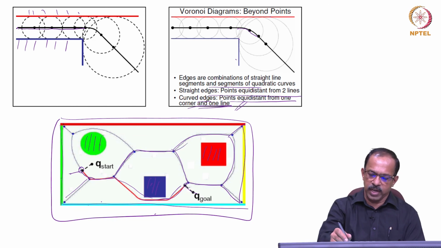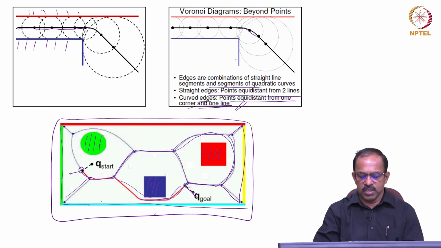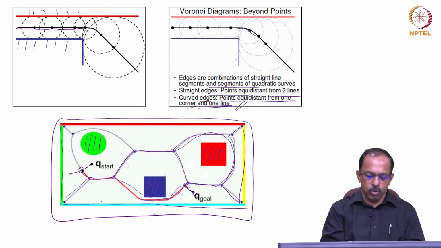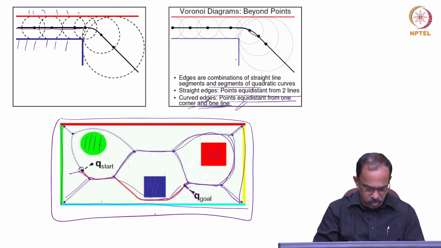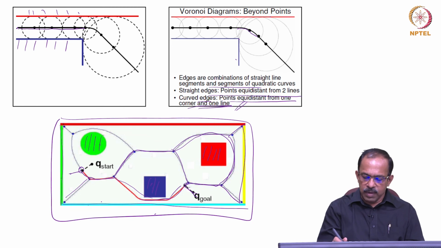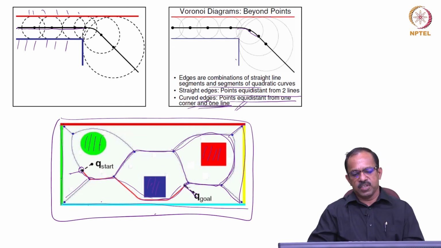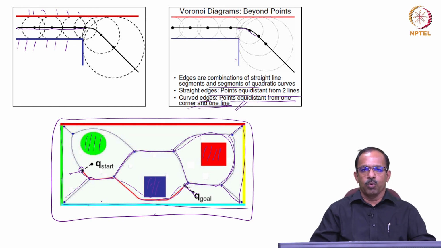The robot can actually go like this and then reach here also. Again, the distance will be more, but the first task is to find all the possible paths for the robot to travel. Now we will get this as the potential path. That is basically the Voronoi diagram method of planning.